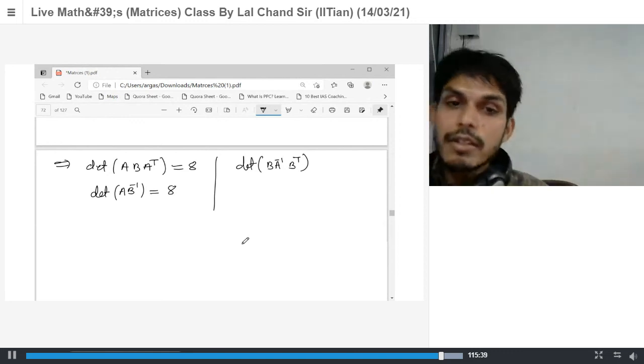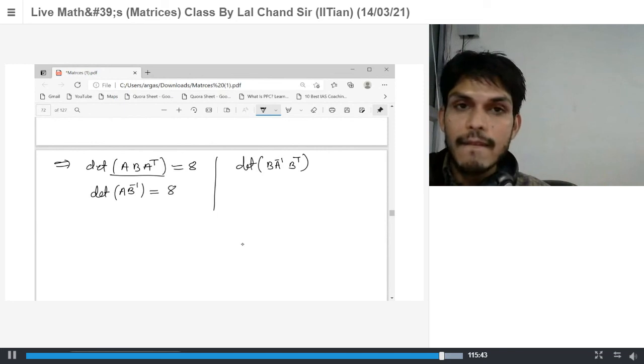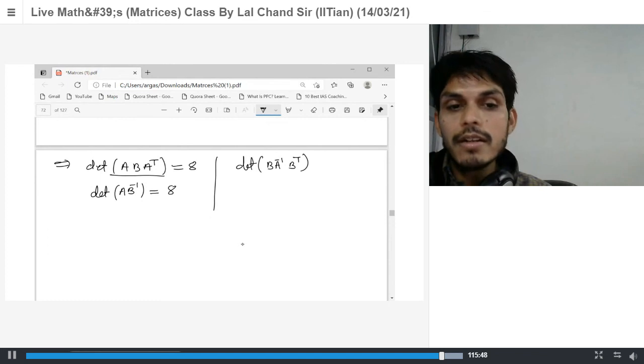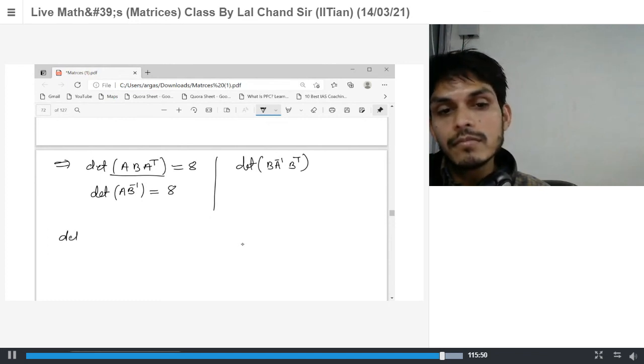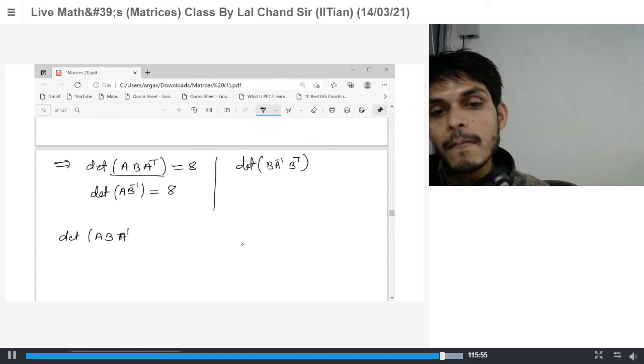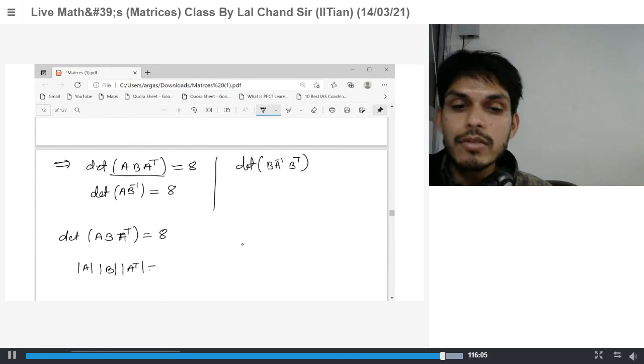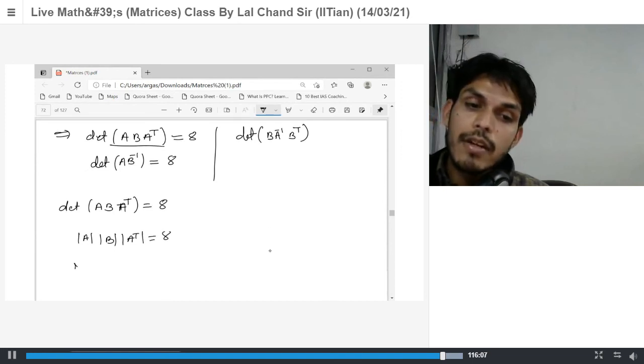So if I solve this, I can write it down as A transpose B transpose A. So this is basically A square into B, that is it.